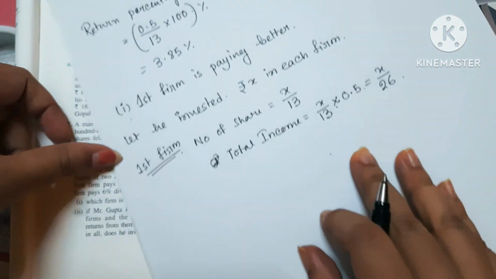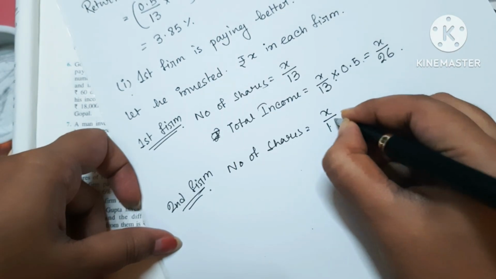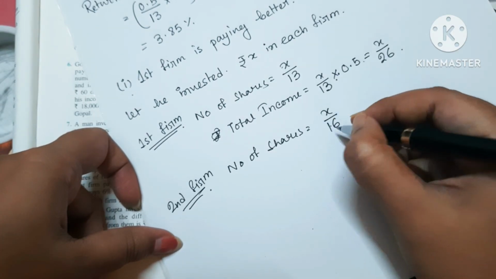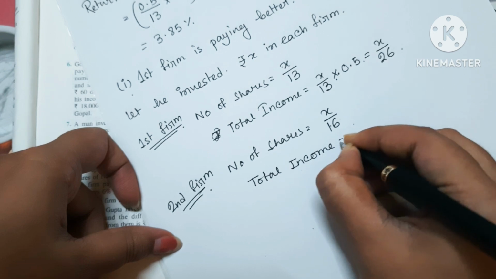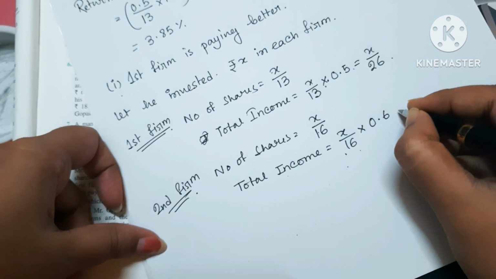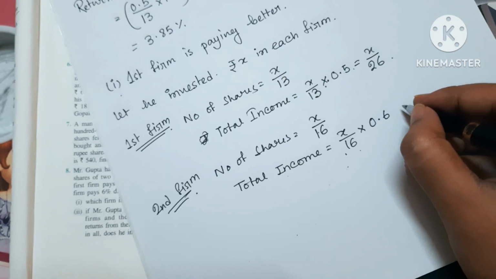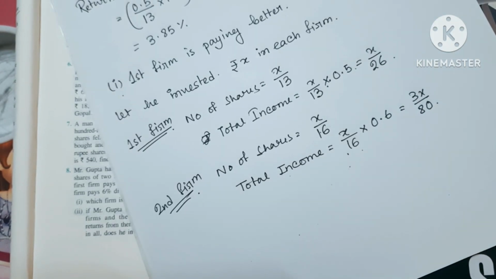In the second firm, number of shares is X by 16, and total income is X by 16 into 0.6 or 3 by 5, so 3x by 80.